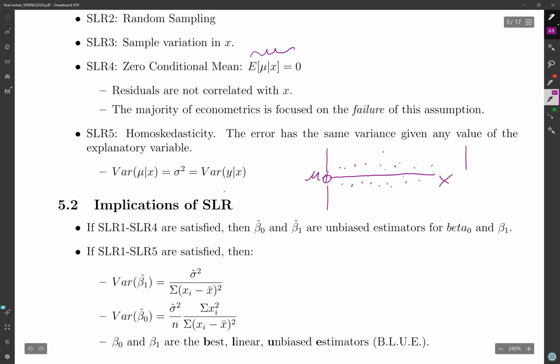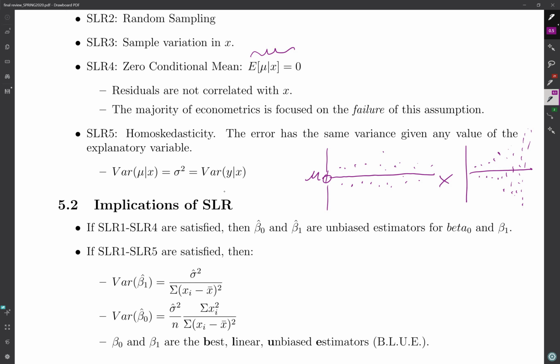So what we don't want to see is some change in the variance. Okay, so maybe this is represented here where we're kind of fanning out. Okay, so this would be heteroscedasticity.